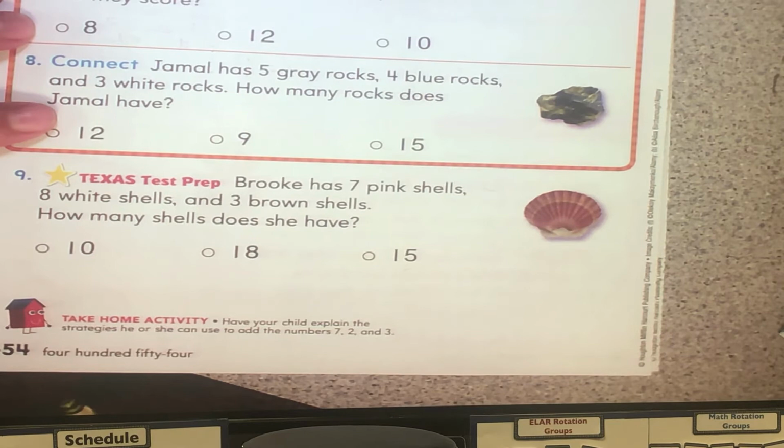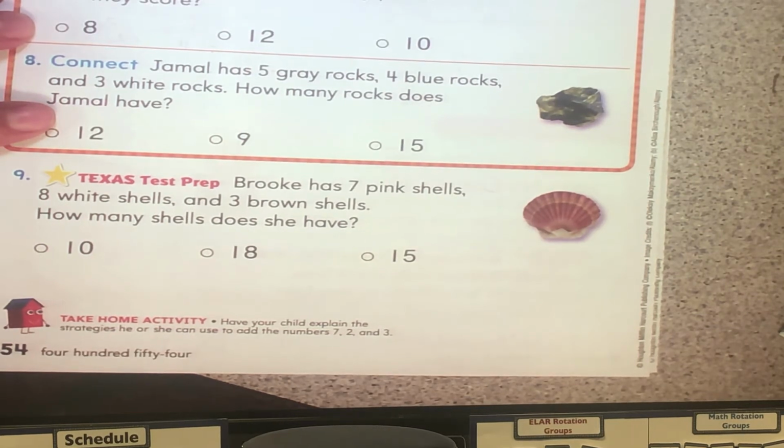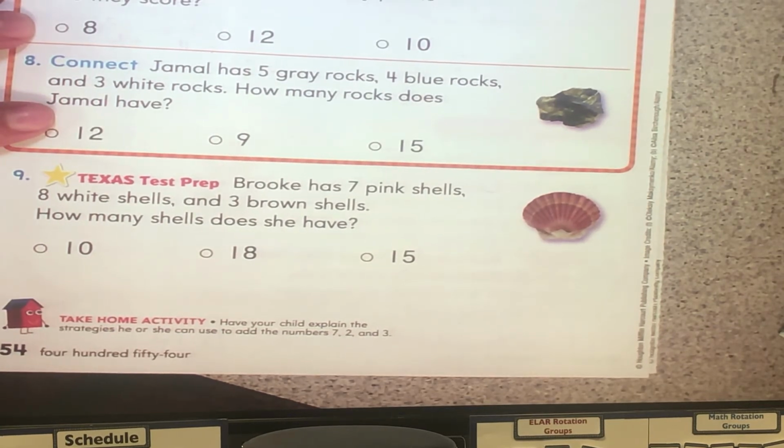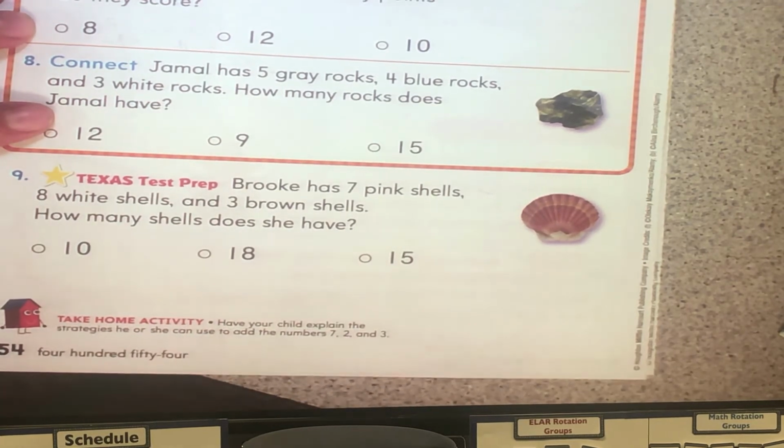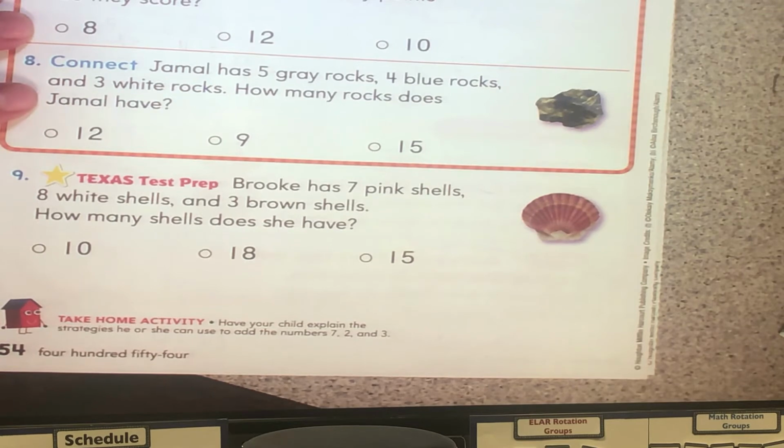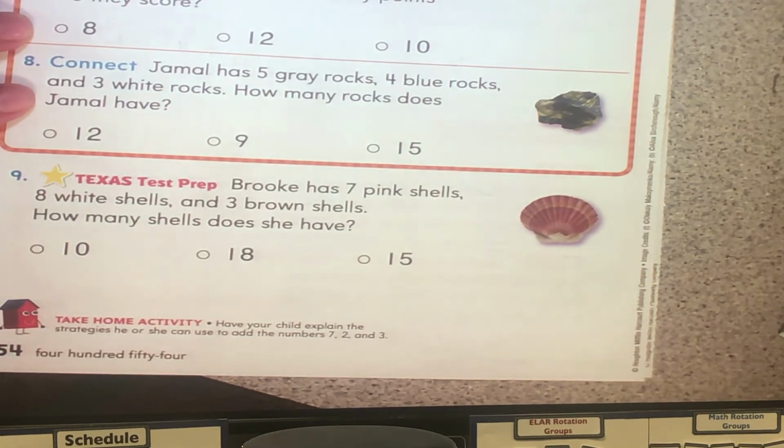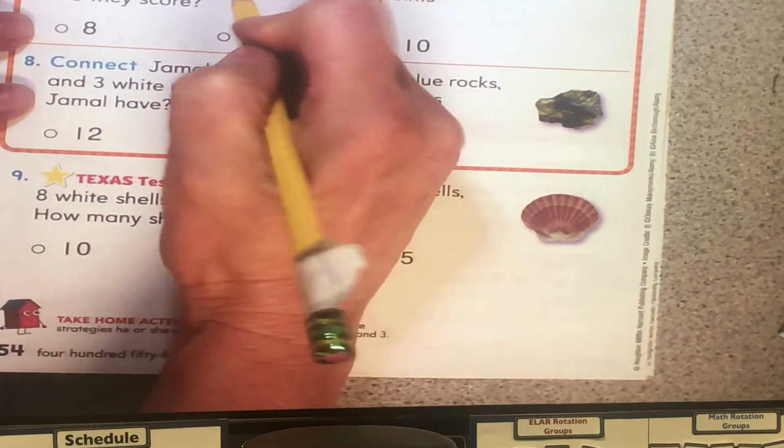Number 7. Jerry, Dinah, and Matt play a game. Jerry scores 2 points. Dinah scores 6 points. Matt scores 2 points. How many points do they score? Now see, this is important. I know you guys want to play basketball, so you want to be able to keep up with your points. So what information are we given? Well, Jerry scored 2.